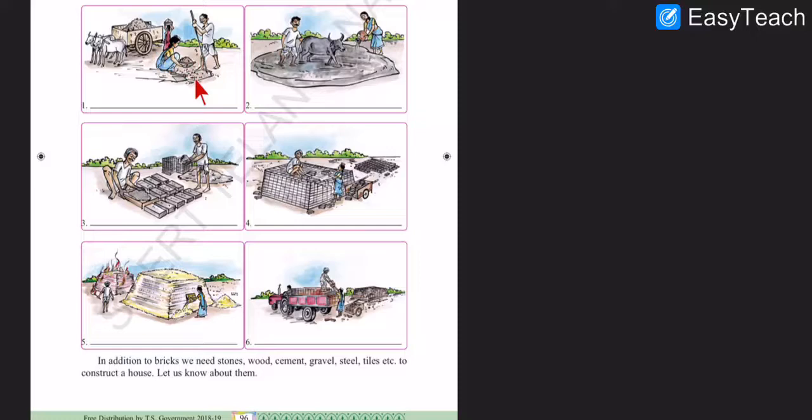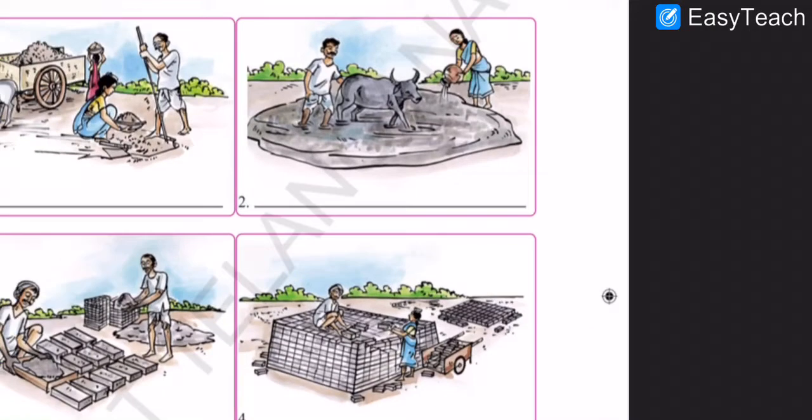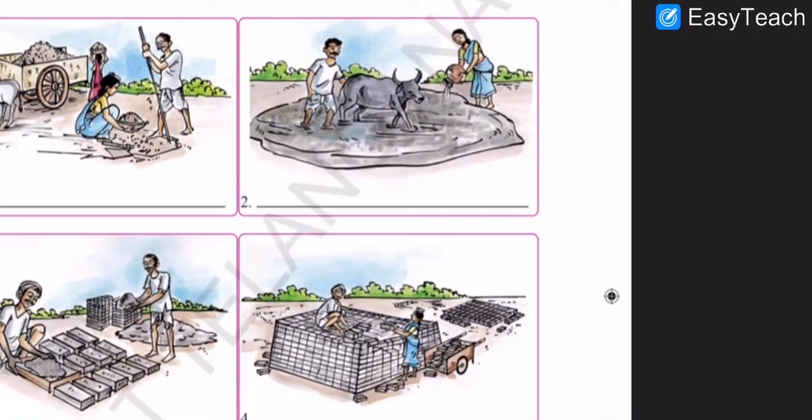In the second picture, you can see making clay into smooth paste by making cattle turmoil. The activity they are doing is making clay into smooth paste by making cattle turmoil.